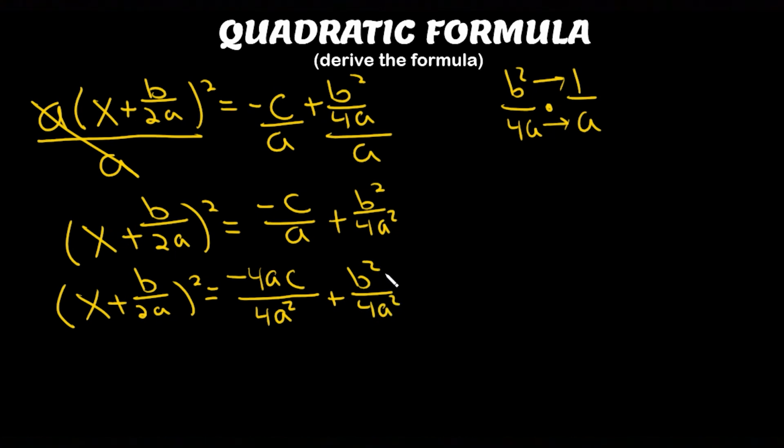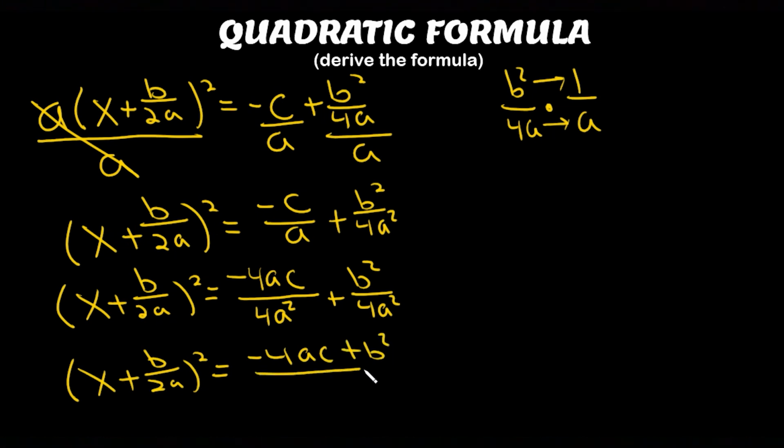So from here, I have the common denominator that I need. I can just go ahead and combine my numerators and write it all underneath the same denominator. Okay, so for example, now you have this. x plus b all over 2a squared equal to negative 4ac plus b squared all over 4a squared, okay?